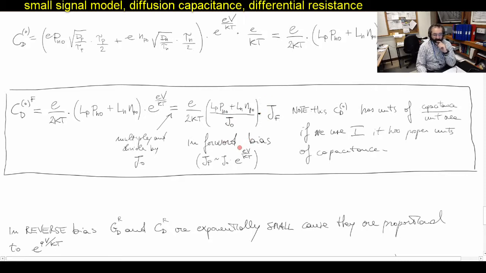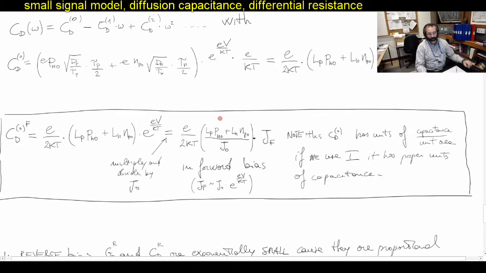And so this is the most compact form in forward bias we can think of for the first term of the diffusion capacitance.